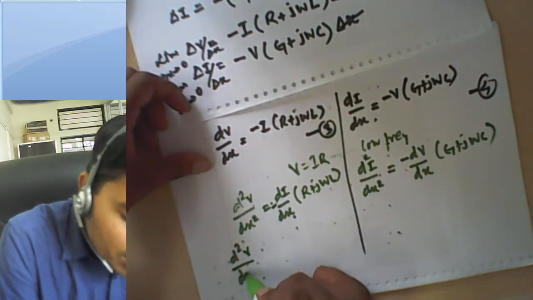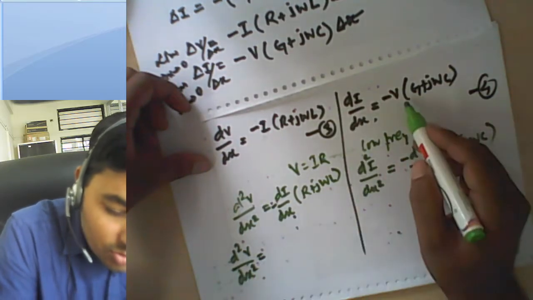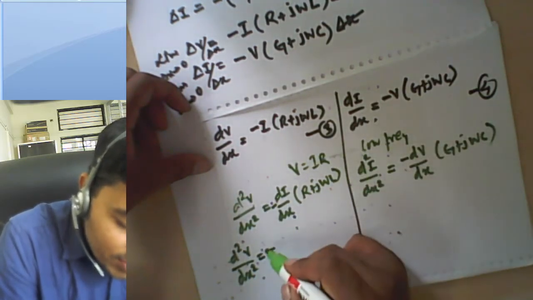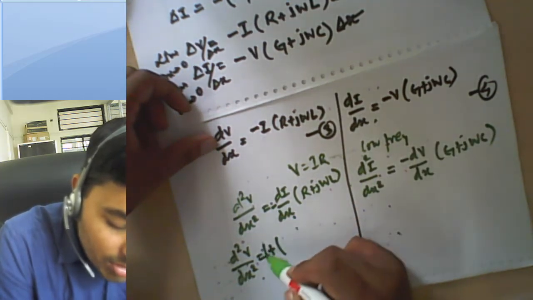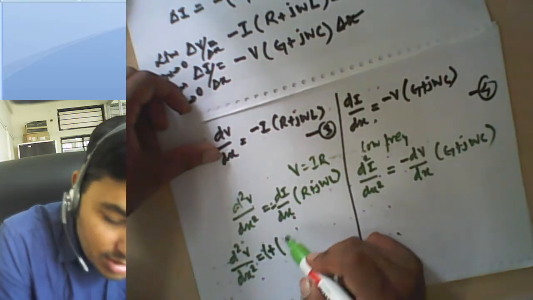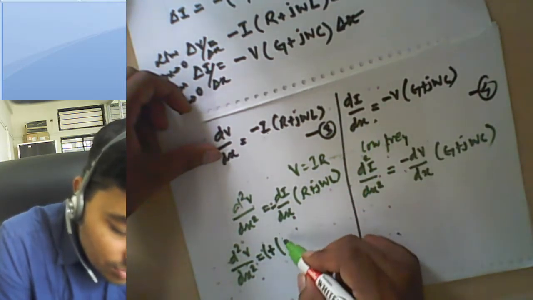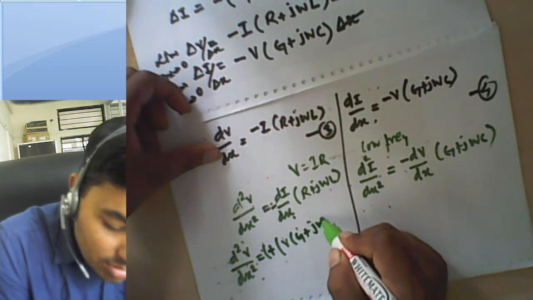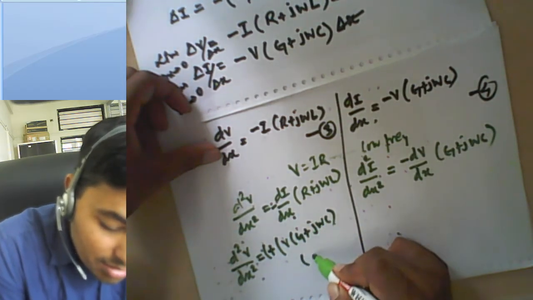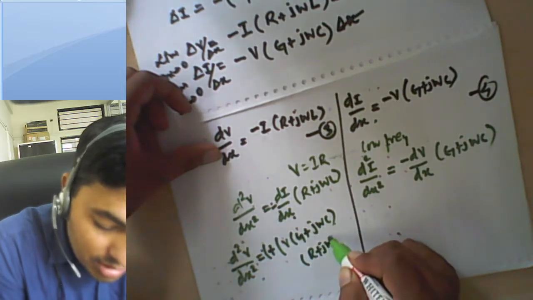d square V by dx square is equal to minus, and the minus signs will give plus, so this will be plus V multiplied by j omega C multiplied by (R plus j omega L).